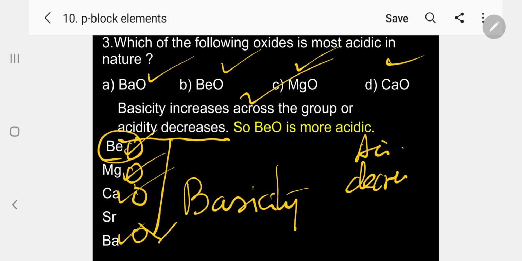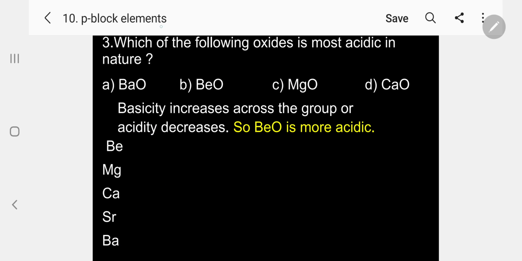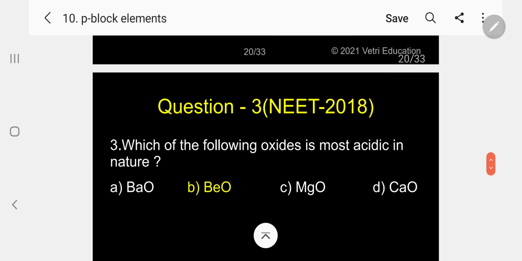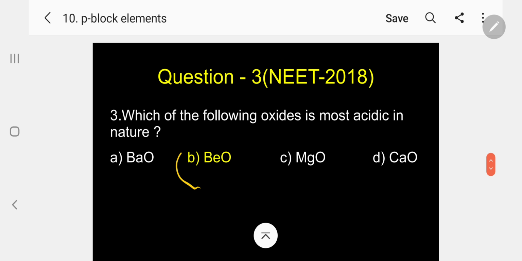Generally, basicity increases down the group, which means acidity decreases. So comparatively, beryllium oxide is more acidic. Actually, it is amphoteric in nature: it behaves as a base and as an acid. We discussed this under the S block elements, the alkaline earth metals. Kindly verify. So the correct answer is B. Beryllium oxide is most acidic in nature.